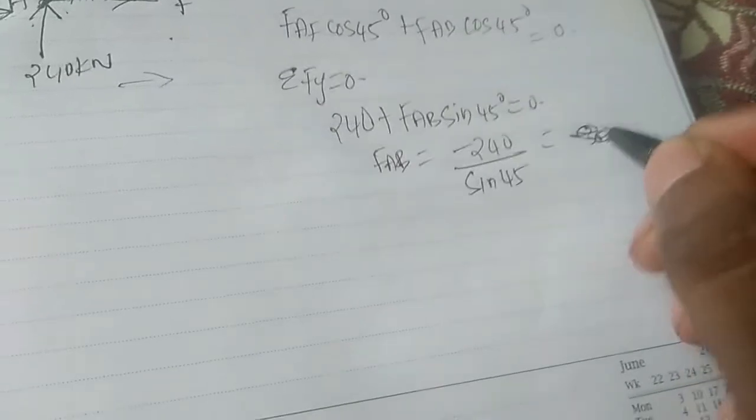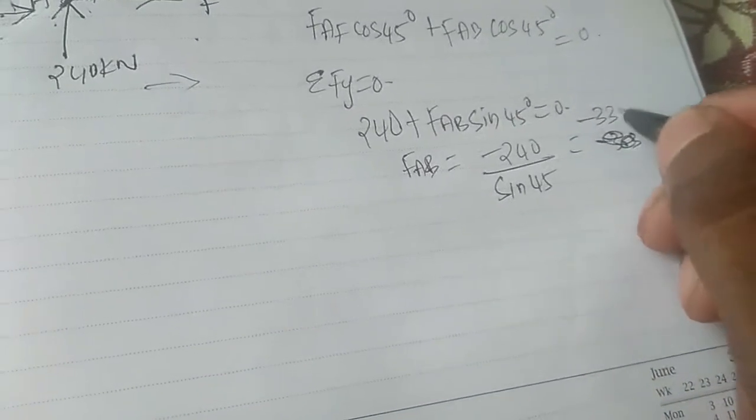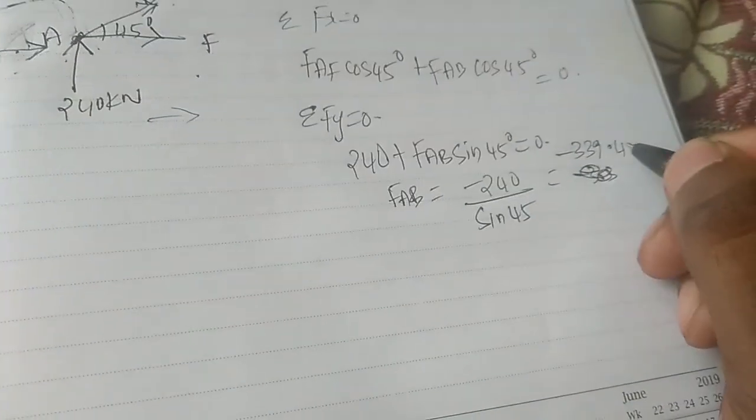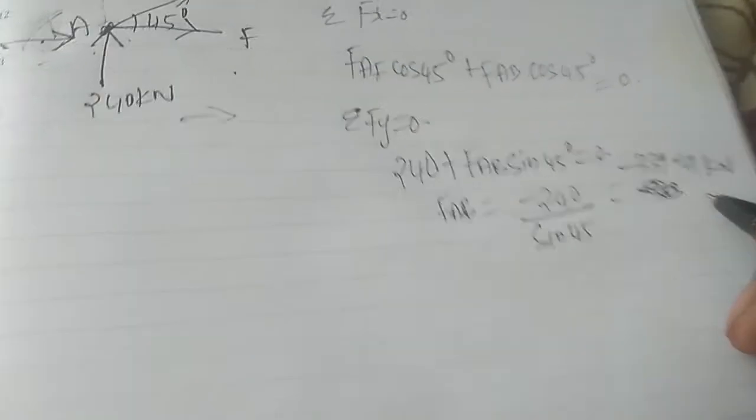So your answer is minus 339.41 kilonewton. So minus means it is in compression.